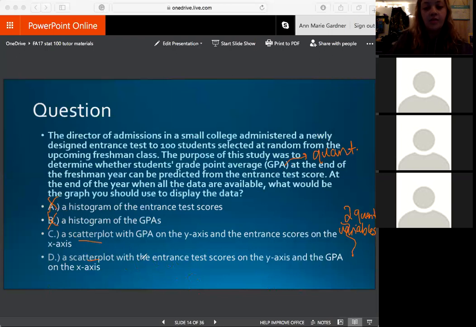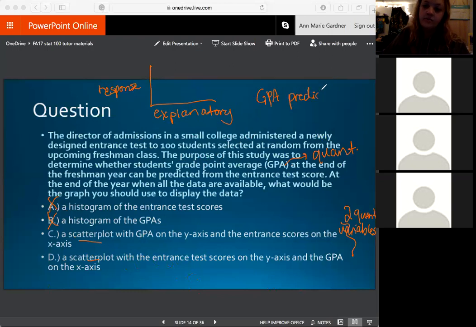And then we want to remember that when we have a graph, our explanatory variable is going to be on our x-axis, and our response variable on our y. So if we look at this, we're trying to figure out if the student's GPA predicts the entrance test score. So GPA, predict, entrance score.